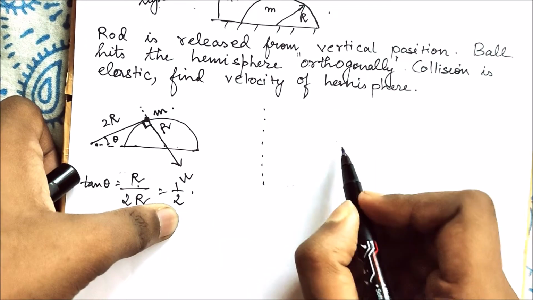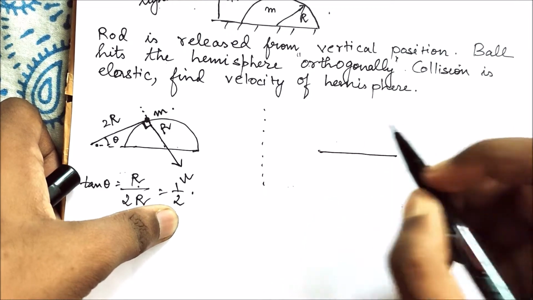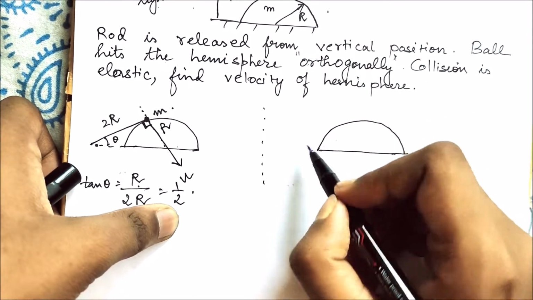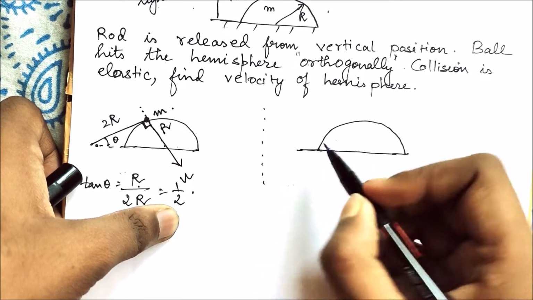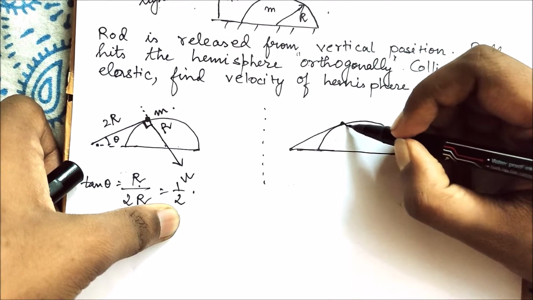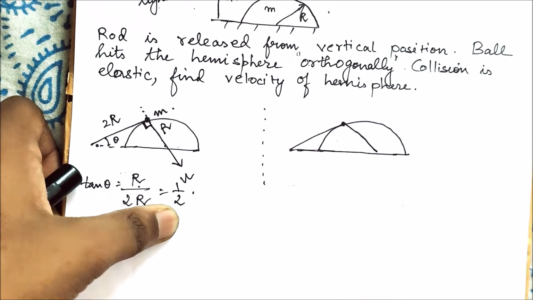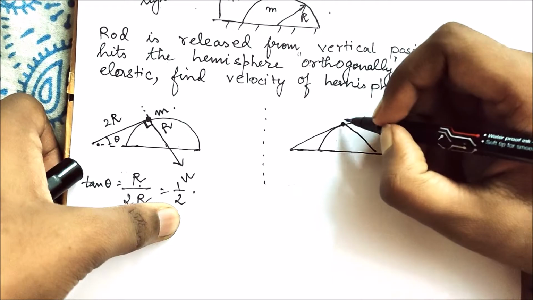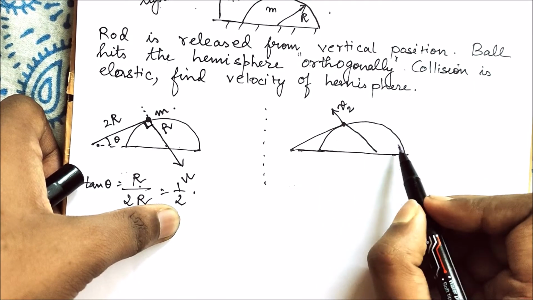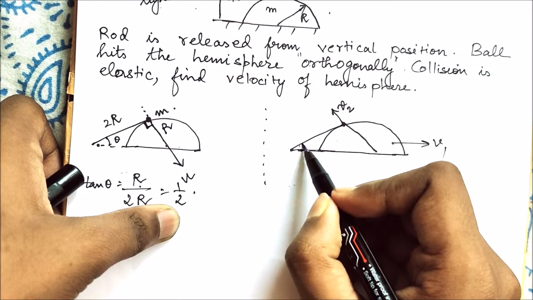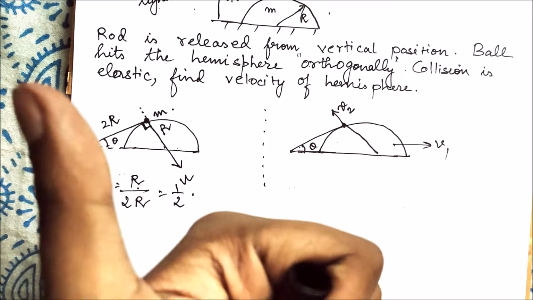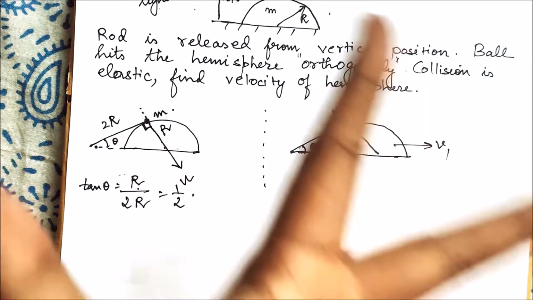So just after the collision, what would happen? Let's see. The m mass would have a velocity of v2 in this direction, and this sphere would have a velocity of v1 in this direction, and this is theta. So how many unknowns do we have? u, v1, v2, three unknowns.